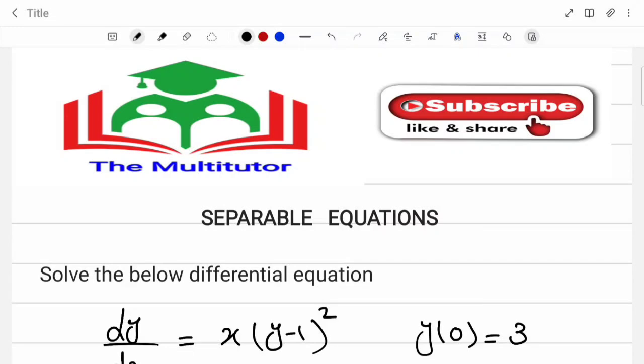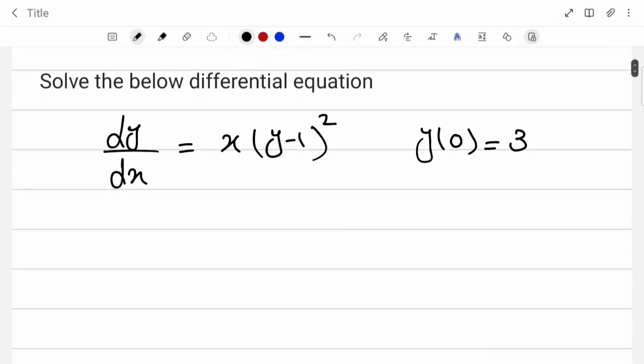So today we will discuss an important concept of differential equations, one of the first and most basic concepts: the separable differential equations. These are differential equations where we are able to separate the x variables and y variables quite easily, and we don't face any difficulty while separating them.